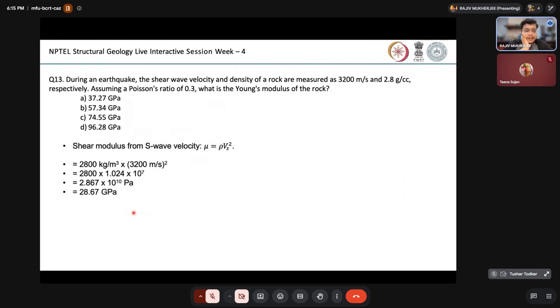So it is 28.67 gigapascal, GPa, right? And now you can use this formula to calculate the Young's modulus from Poisson's ratio and rigidity modulus. It is E is equal to 2 mu by 1 plus nu. Right? You know the Poisson's ratio, and then you can calculate the Young's modulus.